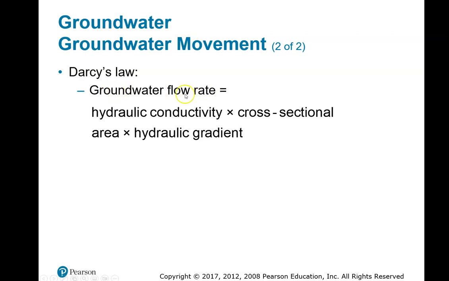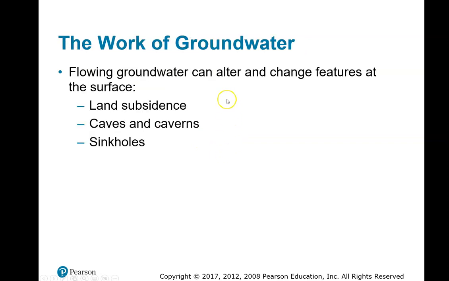The groundwater flow rate is related to the hydraulic gradient. You would be given the hydraulic conductivity and the cross-sectional area, and probably have to calculate the gradient. I'll look at it and see if there's something where we need to do this. If so, I'll do a full-blown example.